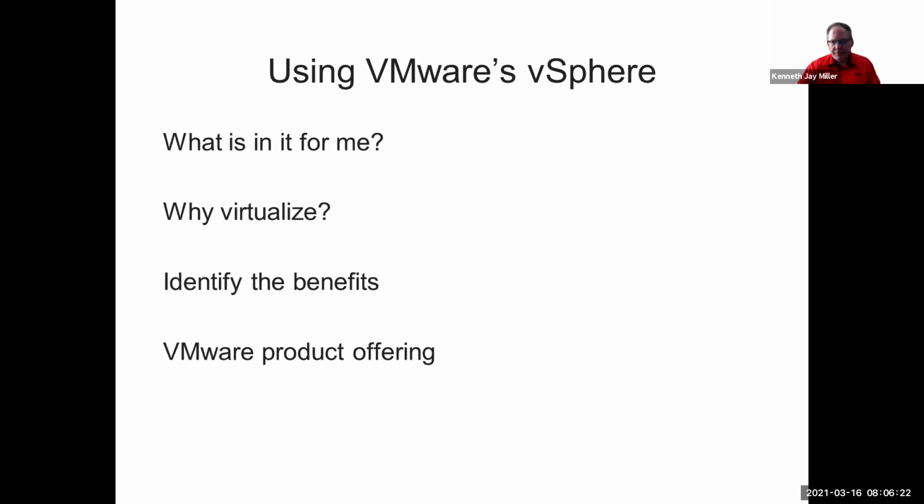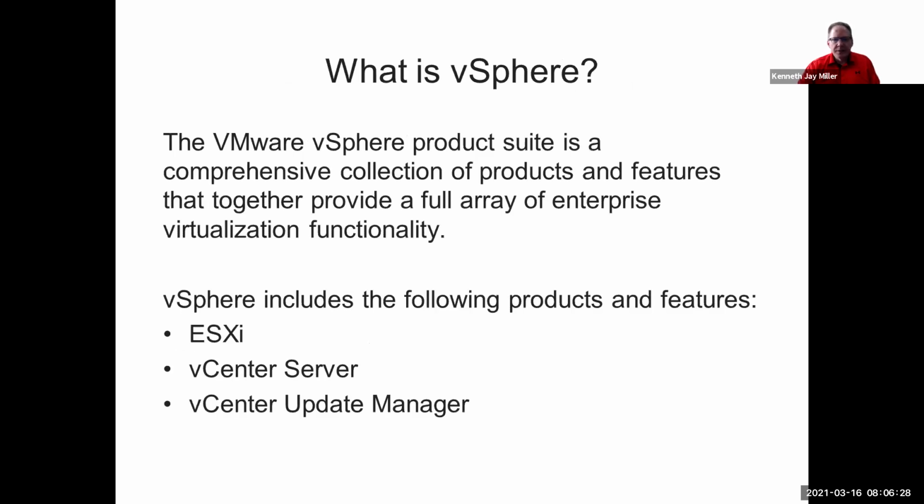There's a lot of offerings from VMware with the vSphere product line. The suite is a comprehensive collection of products and features that together can provide almost any foreseeable or imaginable array of enterprise functionality.